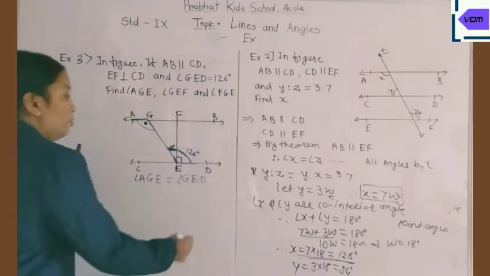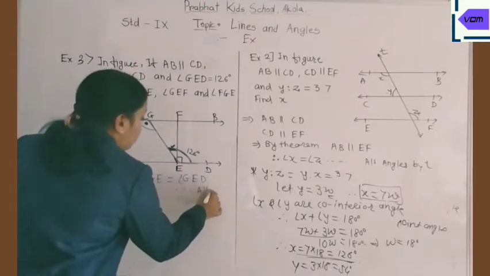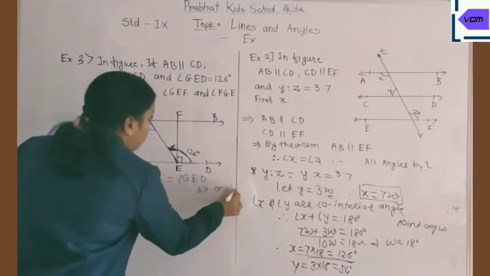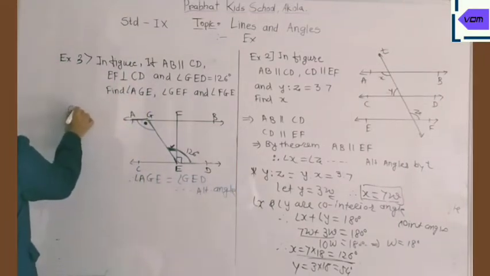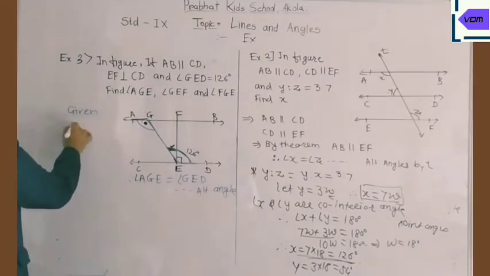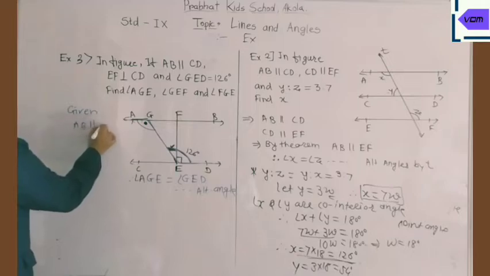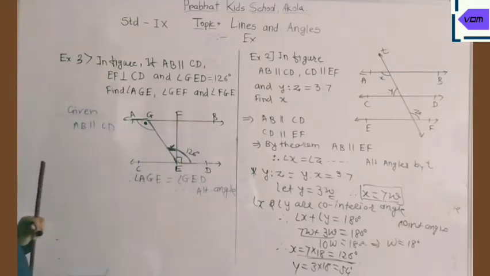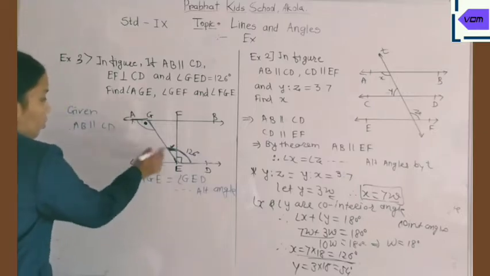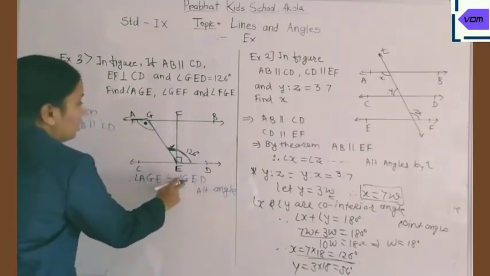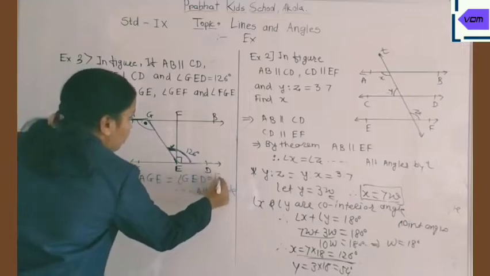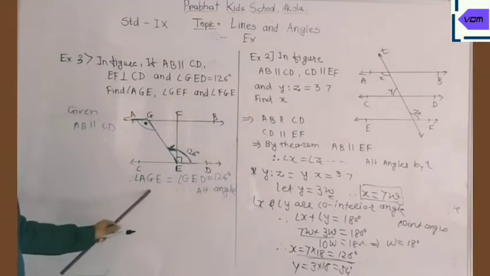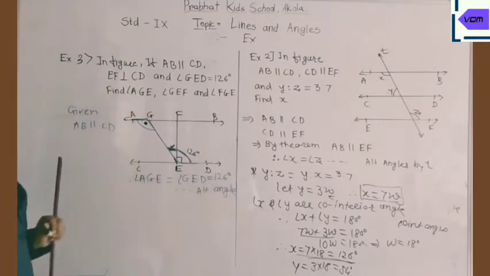Why GED? Because these are the alternate angles. In the given you have to write that AB is parallel to CD. As these two lines are parallel, alternate angles are equal. Now GED is nothing but 126. Therefore, measure of angle AGE is 126.